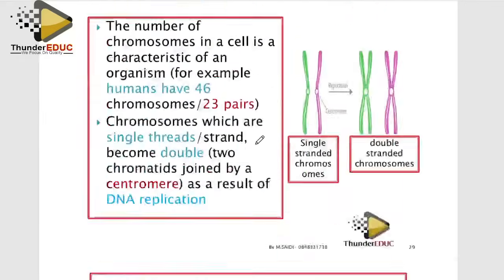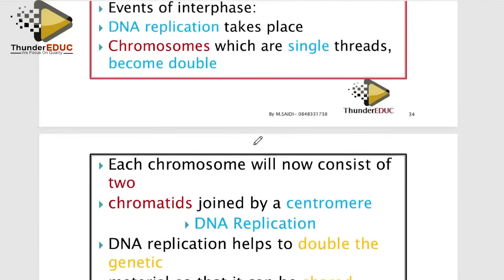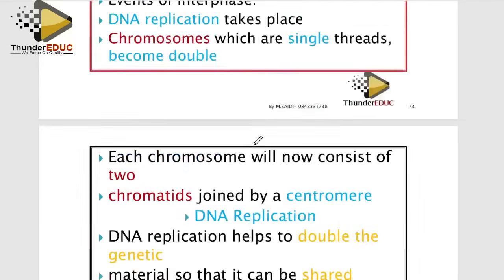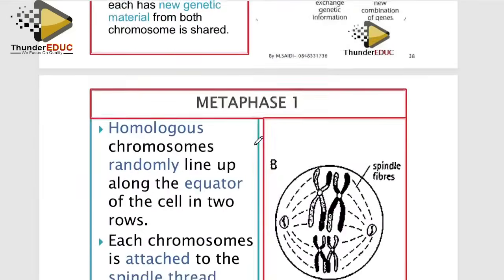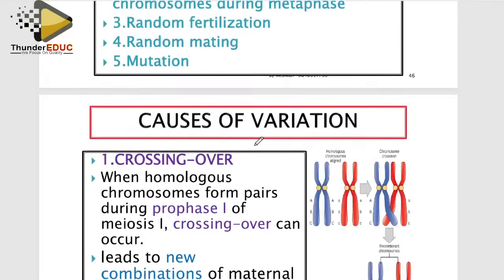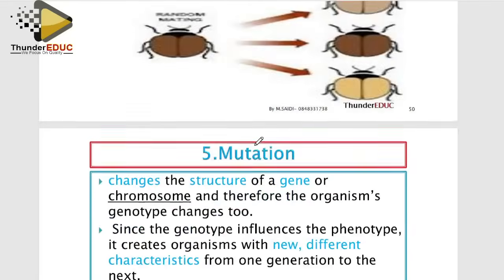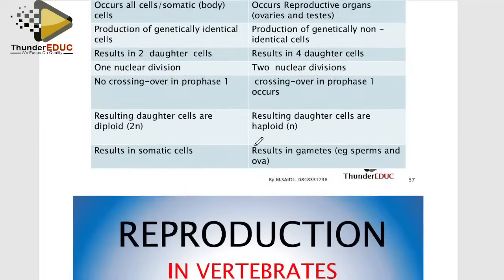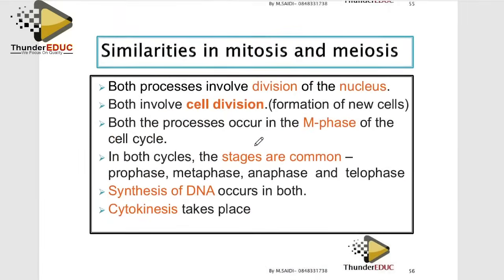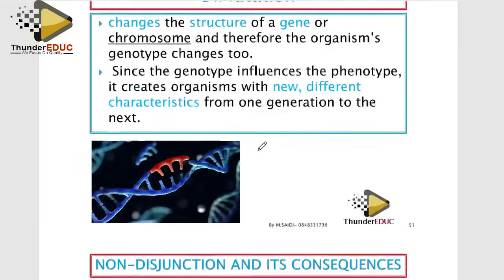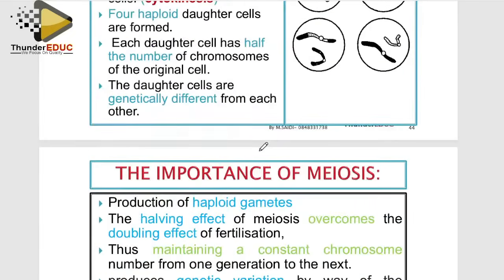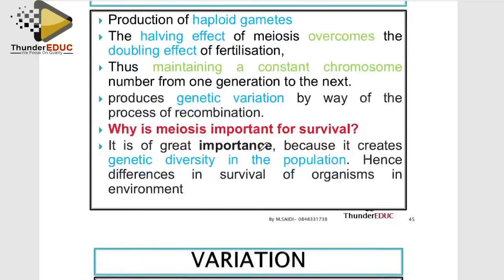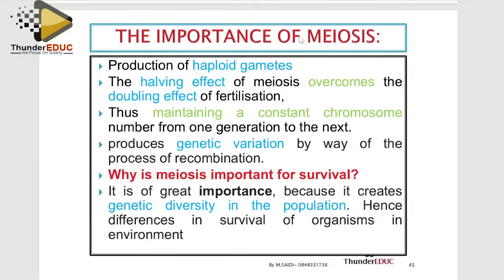Where did I write it? Okay, let me just tell you. Yeah, it's here. Formation of haploid gametes. That's the first point.